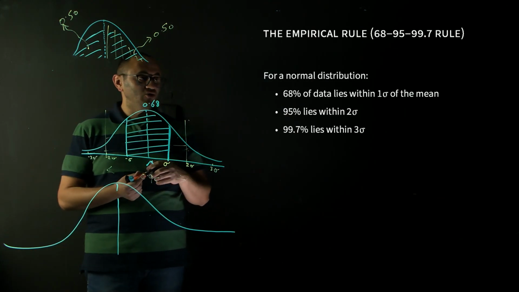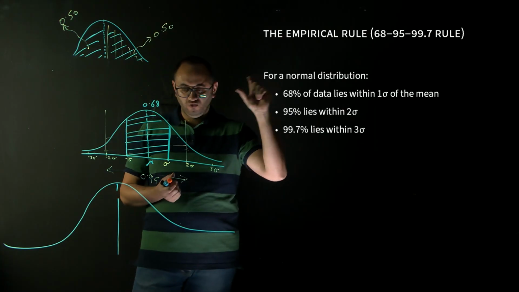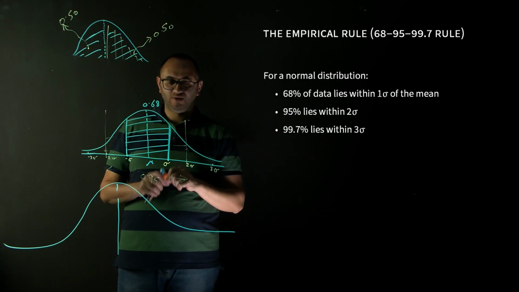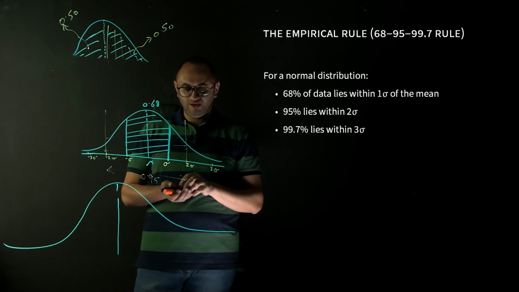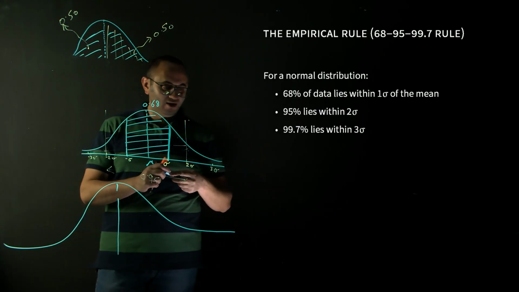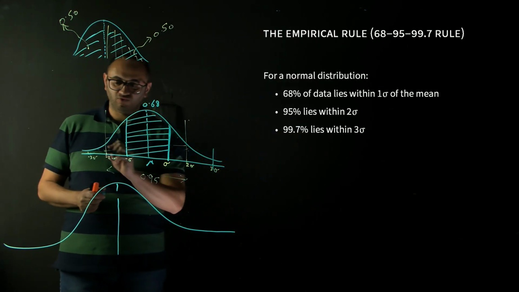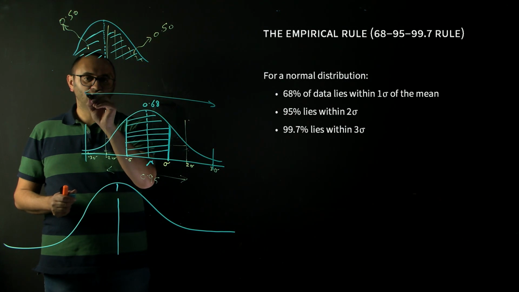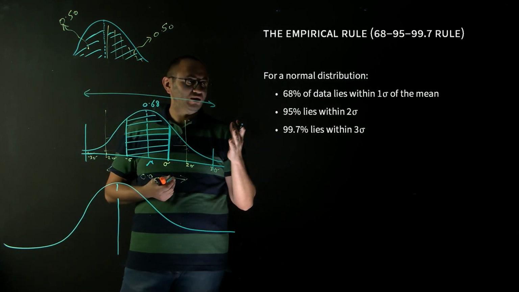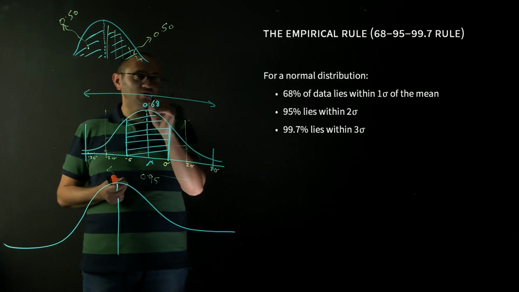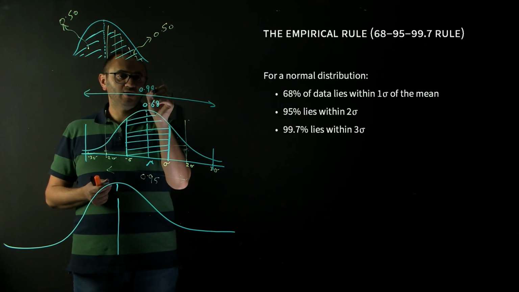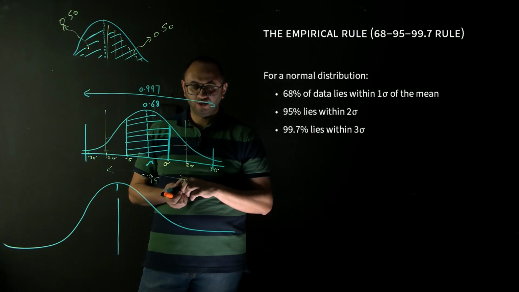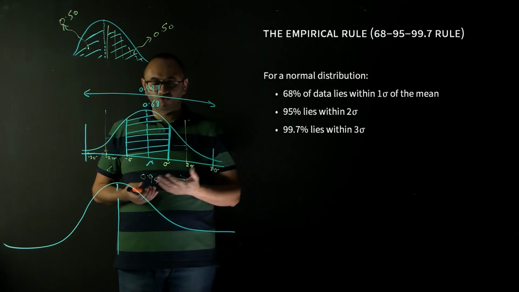So this is the meaning of the title or the name of the rule, 68, 95, and 99.7, which means if we are 3 standard deviations from the mean, we almost cover everything. It's not 100% or one, it's about 99.7%, all right? So this is the meaning of the empirical rule.